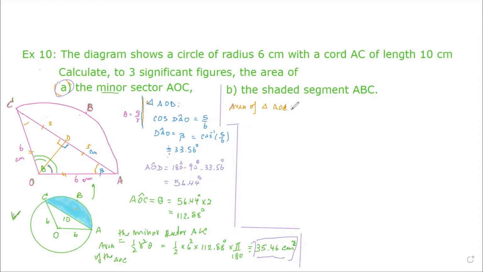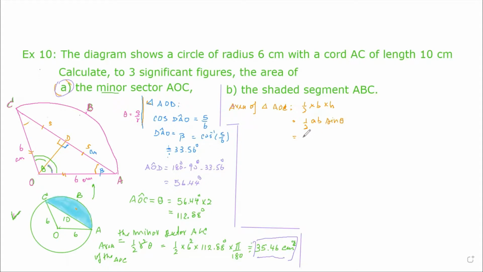You can use either formula: 1/2 times base times height, right? Height we don't know yet, but base we know is 10. Or you can use the formula 1/2 times AB, the formula you remember, times sine theta.